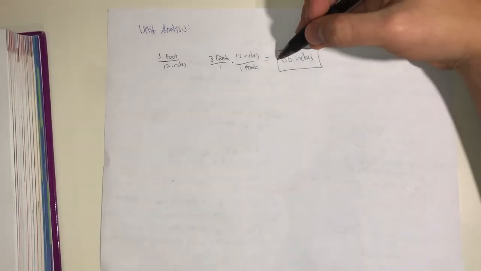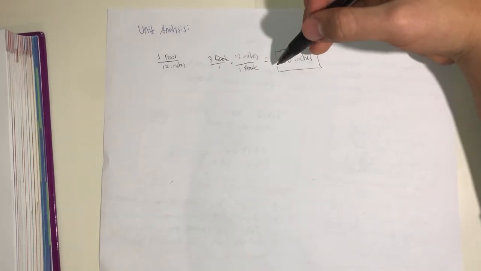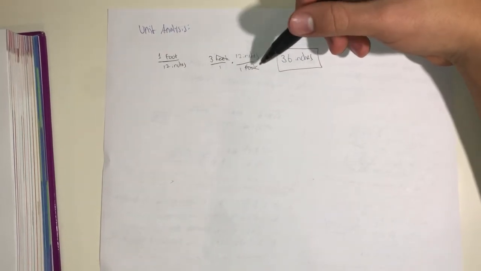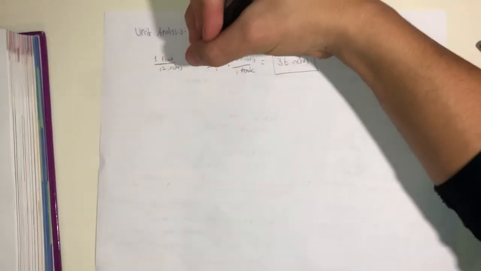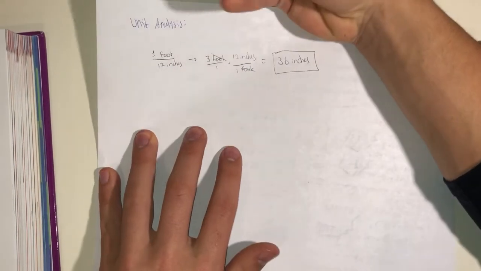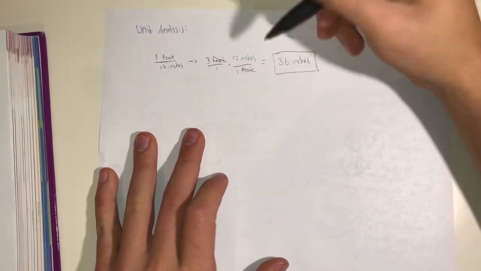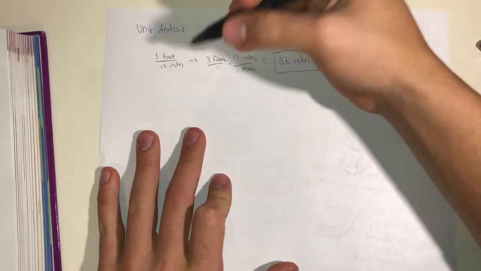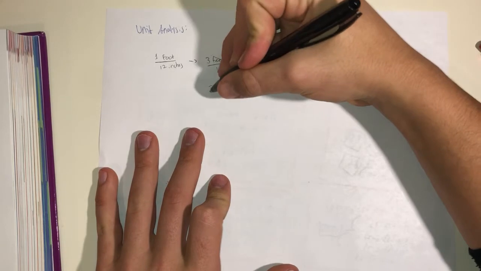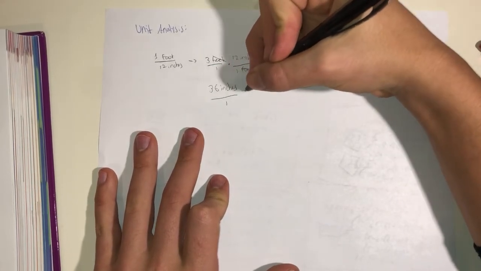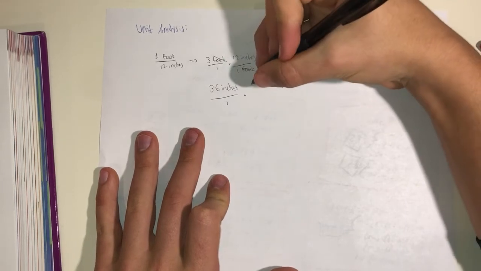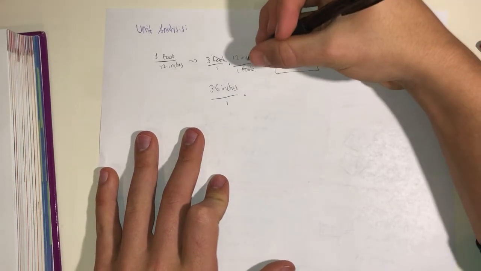That's basically what unit analysis is, and how you can use a conversion factor to change the units in which something is presented, such as here when we change 3 feet to inches using the conversion factor, 12 inches over 1 foot. If you wanted to change 36 inches back to feet, you always put the unit you want on top.